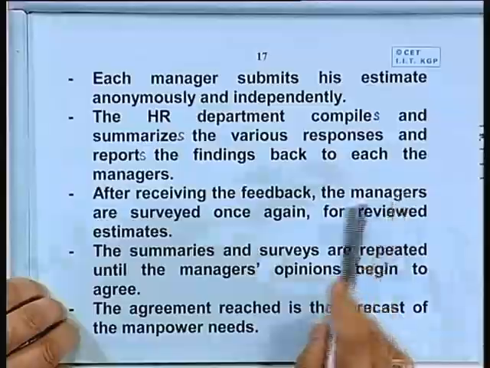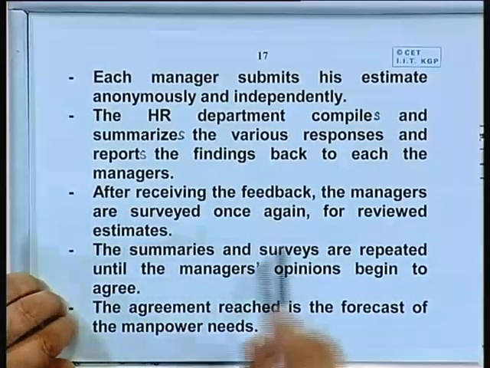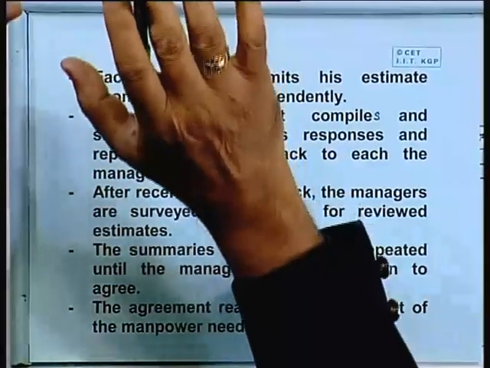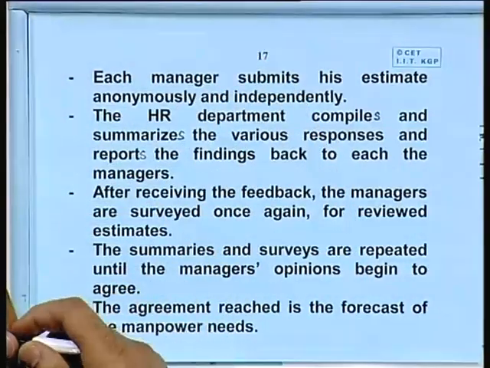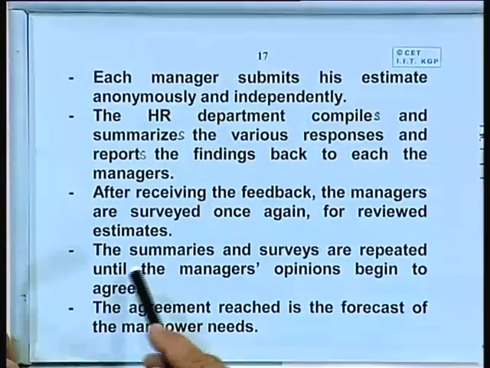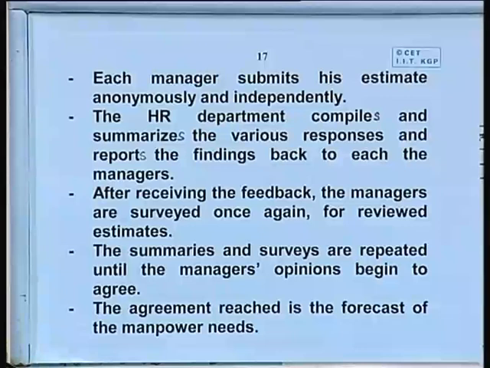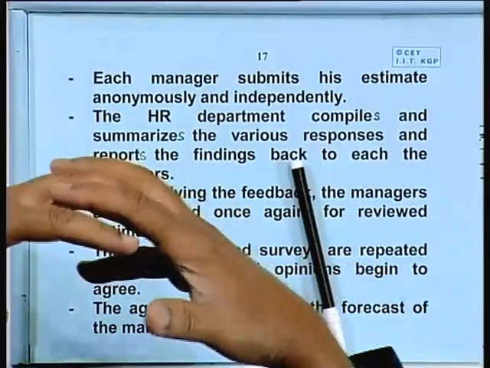After receiving the feedback, the managers are surveyed once again for reviewed estimates. So HR says, "Now we are sending you back, look at it now and review estimates and send it back to us. Do you want to change your earlier forecast?" The summaries and surveys are repeated until the managers' opinions tend to agree, because if there is inconsistency between various managers, after all it is an interconnected company, isn't it?